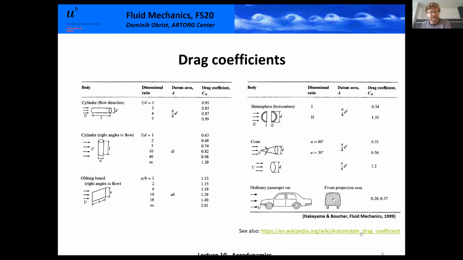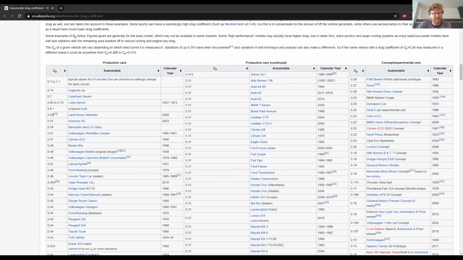I hope you can see the Wikipedia page now. It has a nice list full of drag coefficients of cars, right? You have here the names of the cars, and you have here the drag coefficients of the car.